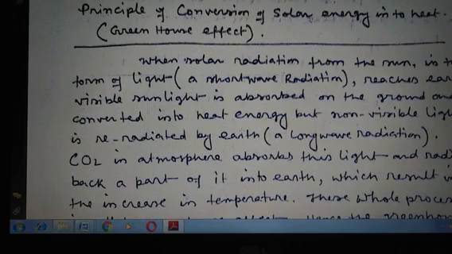Now the principle of conversion of solar energy into heat. When solar radiation from the sun in the form of light, that is a short wavelength radiation, reaches the earth, visible light is absorbed on the ground and converted into heat energy, but non-visible light is re-radiated by the earth with long wavelength radiation.